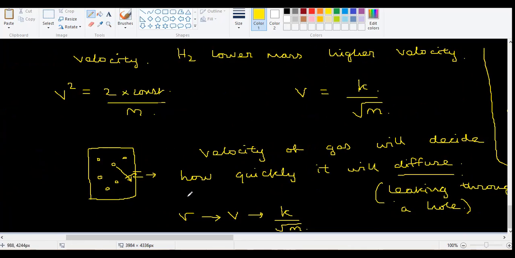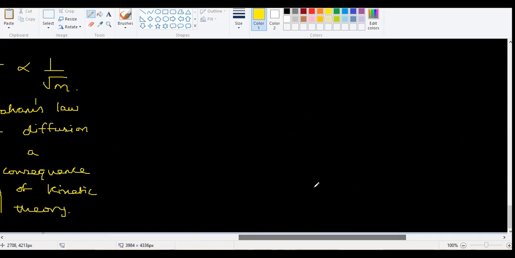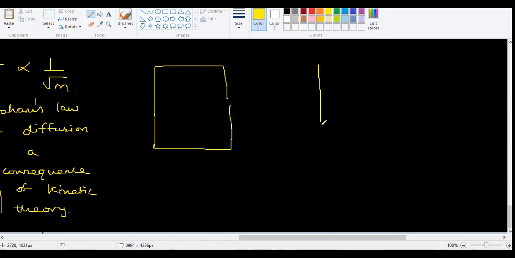If you are not able to imagine, I can explain it one more time. Let me show two cases. There is a container and there is a 1 mm hole here. Similar container, same size, same 1 mm hole here.